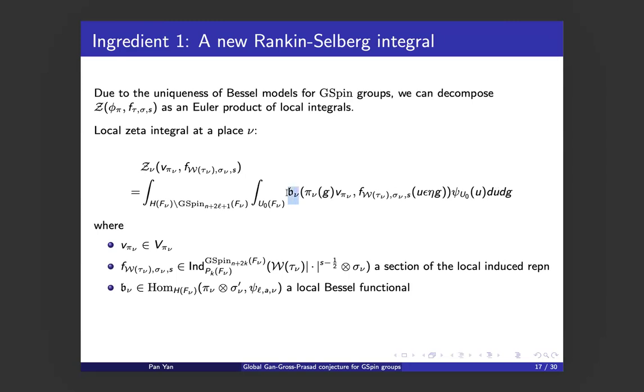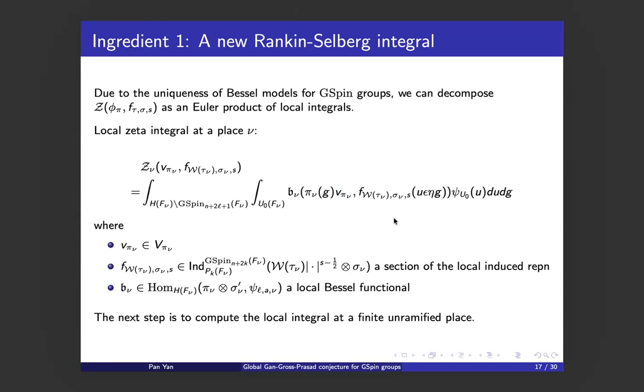B nu is a local Bessel functional for pi nu tensor sigma nu prime, and v pi nu is a vector in the space of pi nu. Everything else is just taking the local component after the unfolding of the global integral, and F here is a section of the local induced representation. So that is the local zeta integral.